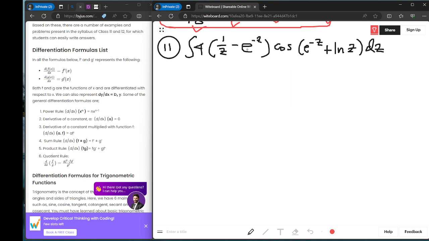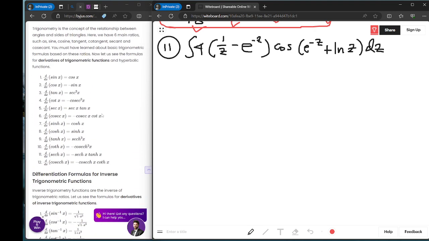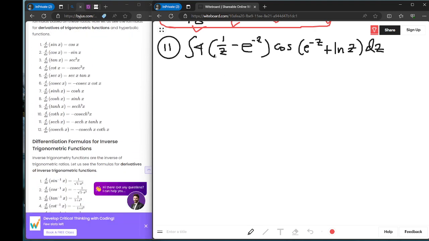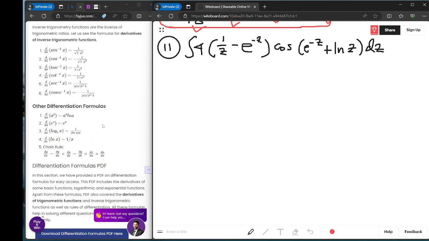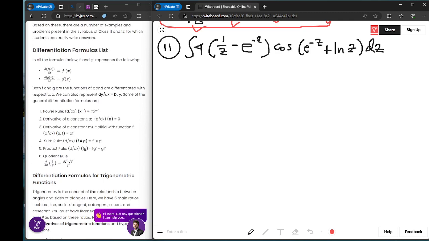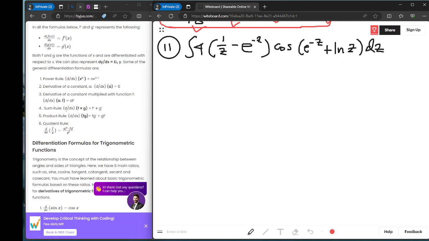So this would probably be negative e to the power of negative z. But let's check. What is the derivative of 1 over z? Let's check if we can find the derivative of 1 over z or ln of z. How about 1 over z? None.